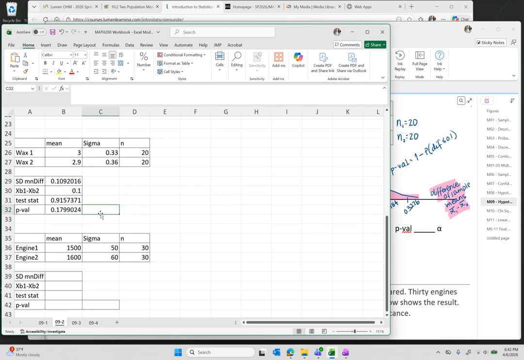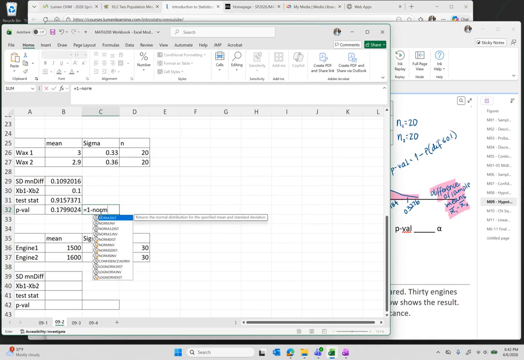I had another option. The other option would be to say 1 minus normal and use the standard normal distribution. When I use the standard normal distribution, it needs a z-score because it knows that the mean is 0 and the standard deviation is 1. And that now would have been my test statistic here. And do you want it to be cumulative?